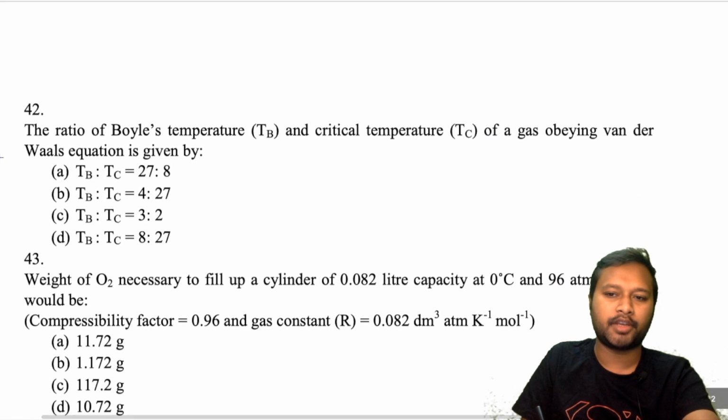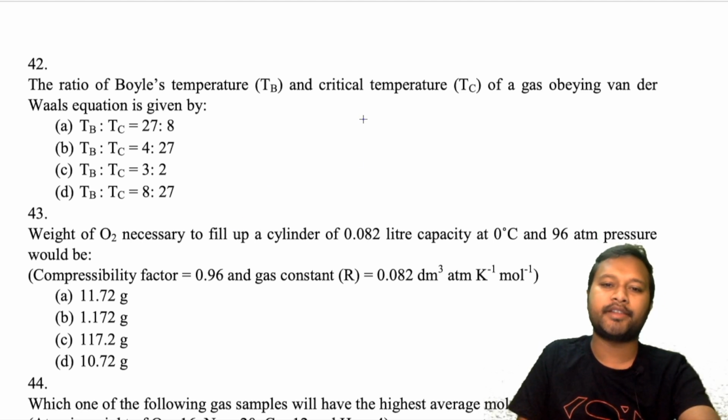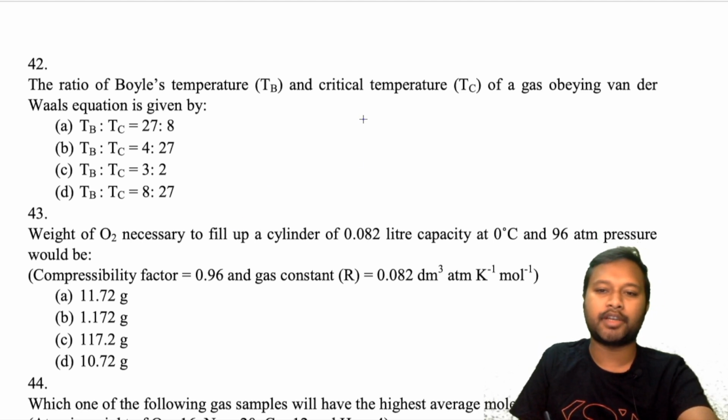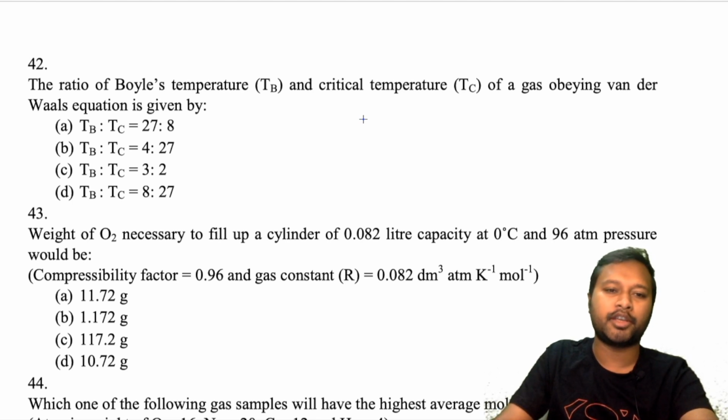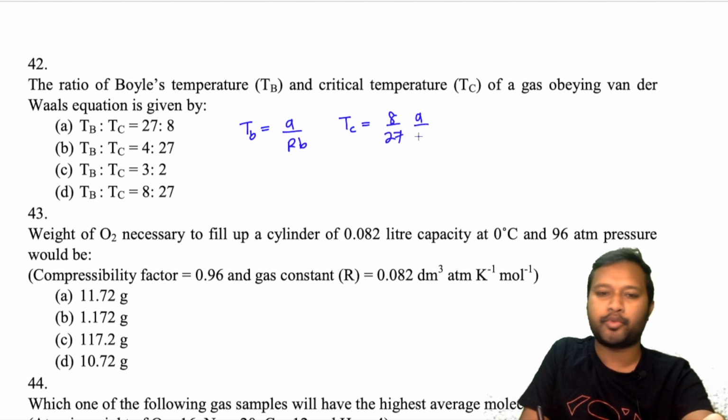Okay, fine. So the next question says that the ratio of Boyle's temperature TB and the critical temperature TC of a gas obeying the van der Waals equation is given by. Now you all know the formula for this, I guess. Boyle's temperature TB is given by a upon Rb, and critical temperature TC is given by 8 upon 27 a upon Rb.